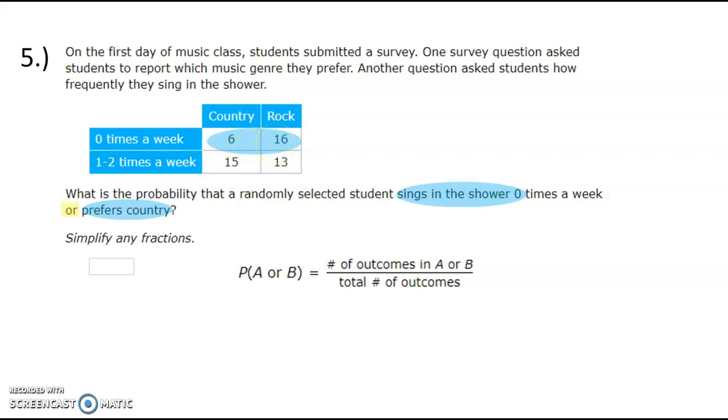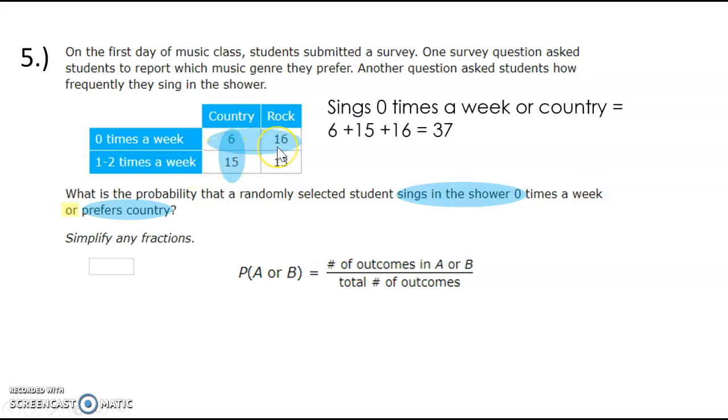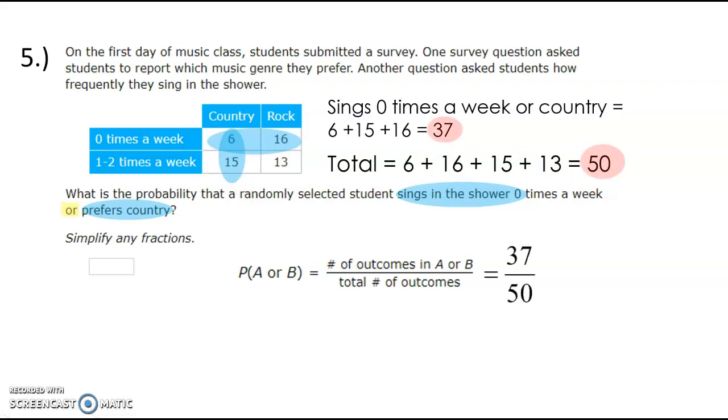And then we're going to highlight the number of students that prefer country, which is 6 and 15. When we add my highlighted numbers, making certain to only count 6 once, we get a total of 37. And my total number of outcomes in the two-way table is 50. Therefore, the probability of this event occurring is 37 out of 50.